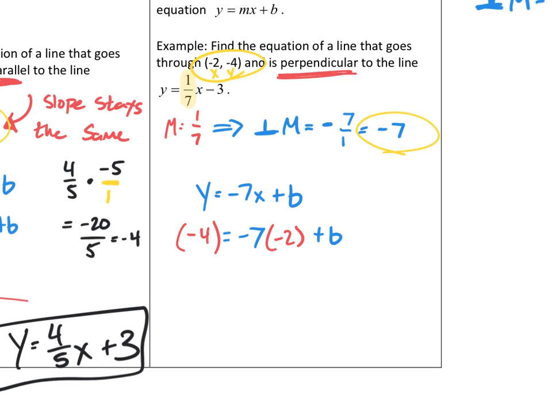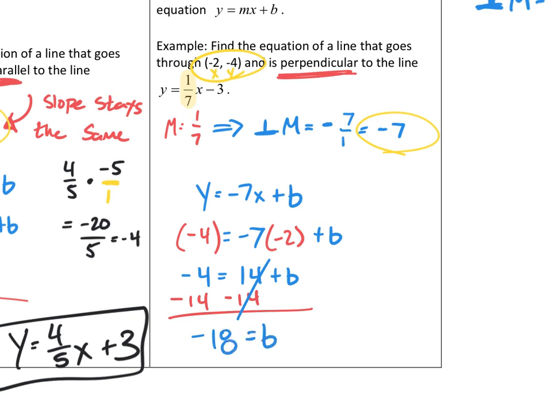There are no fractions, so it's just going through and simplifying. Negative 4 equals positive 14 plus b. I got that because two negatives make a positive. Then to move it over, I have to subtract 14. I end up getting negative 18 is equal to b.